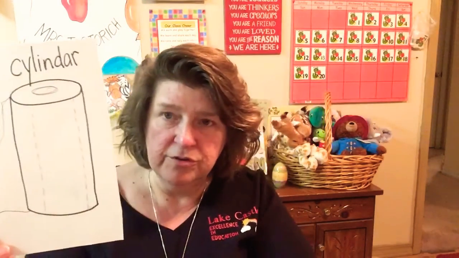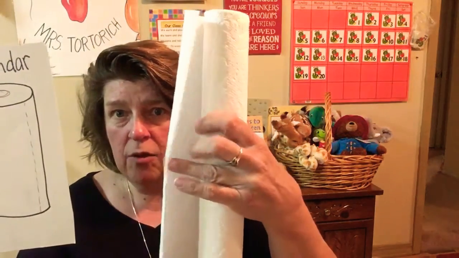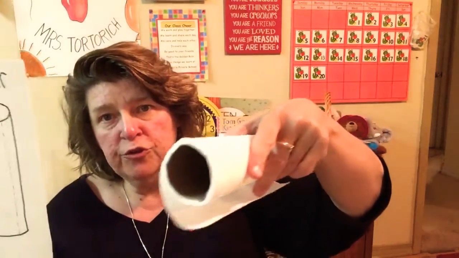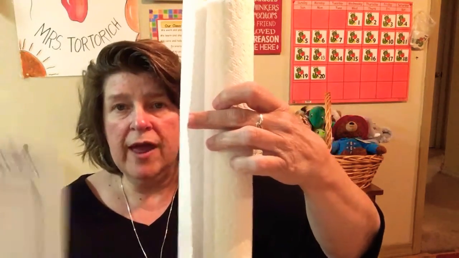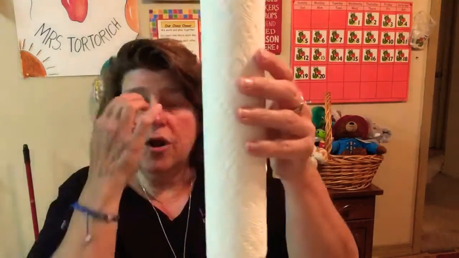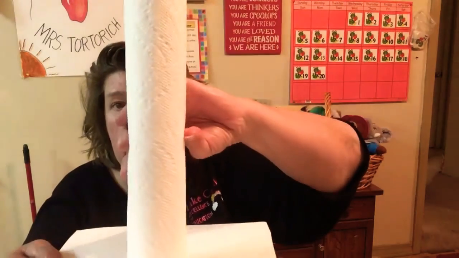Guys, I'll show you. Here's my example. The paper towel holder, paper towels. They are on the tube in the middle. They're rolled around, and you can roll the paper towel this way, or you can slide it this way, top or bottom.